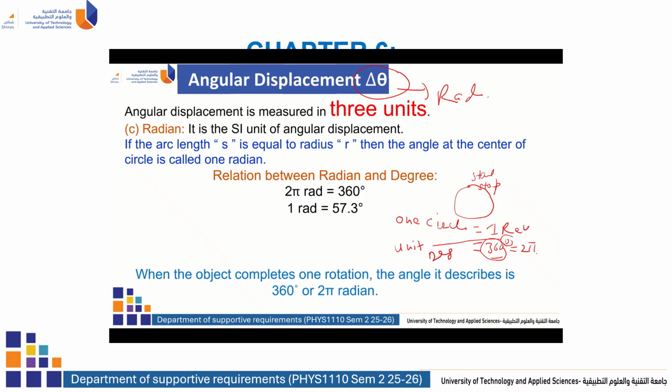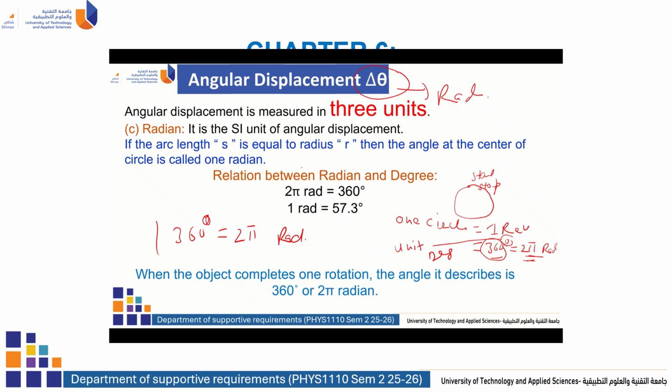But in another unit, the radian, 360 degrees is equal to 2 pi radian, so they are the same.